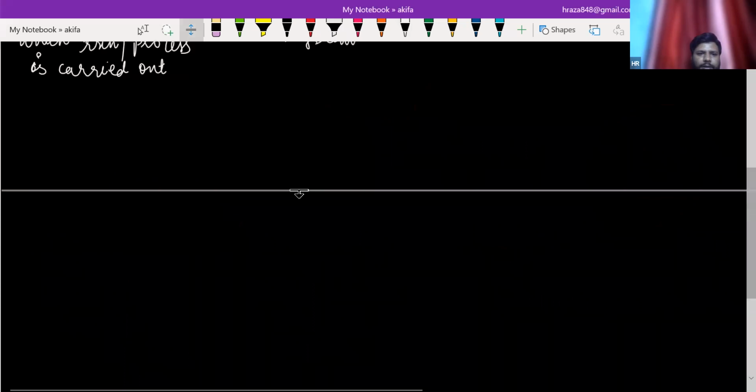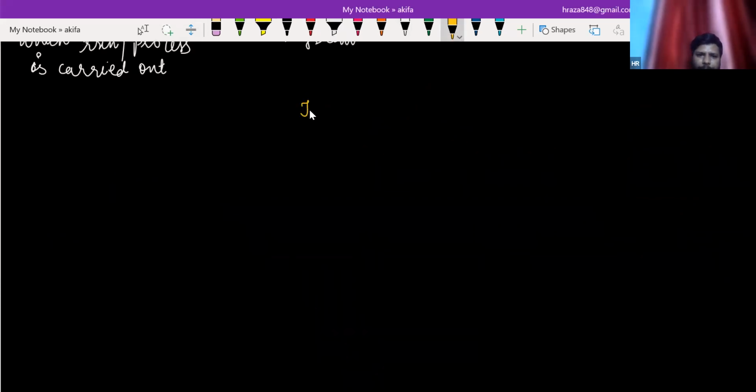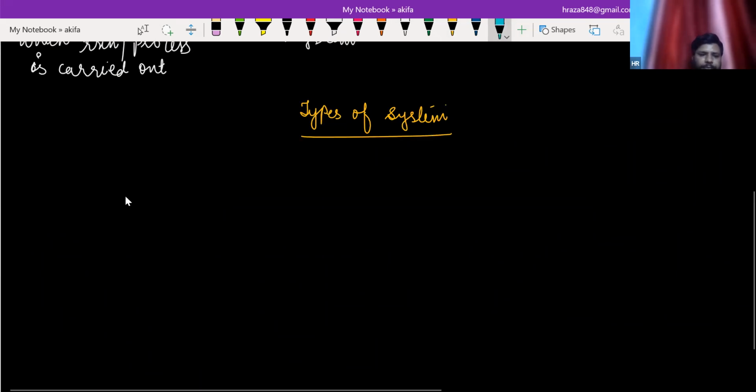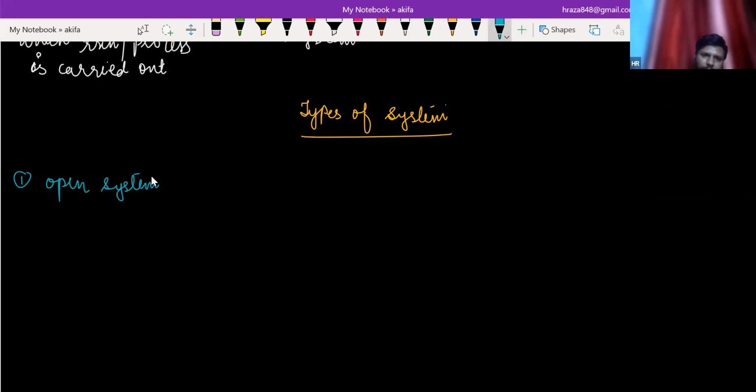So basically, these are some basic definitions. Now going for types of system. There are three types of system. The first is open system. What is open system?